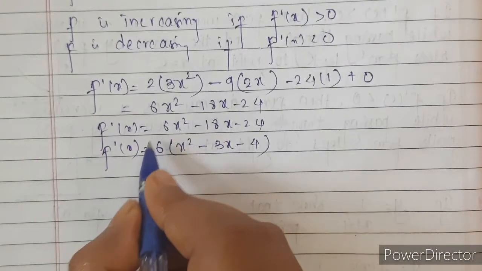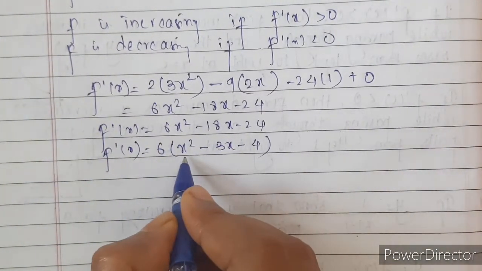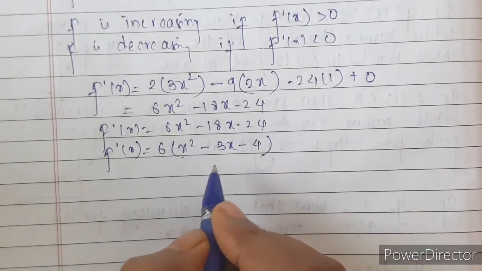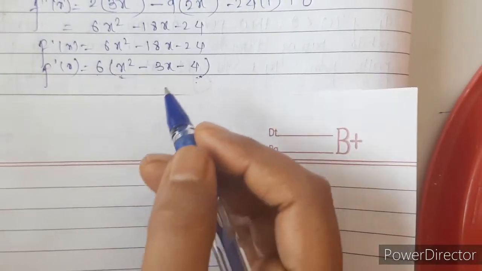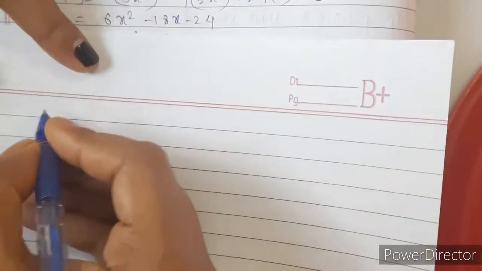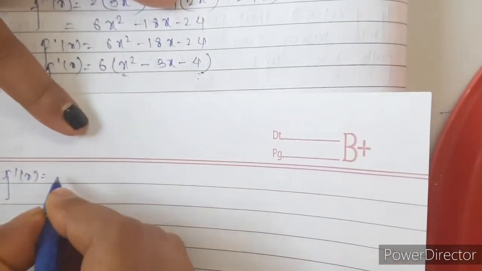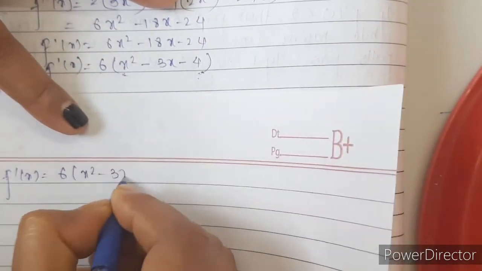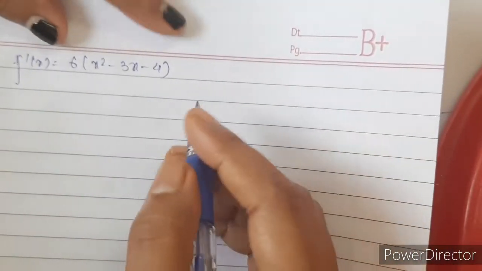Okay. Now this 6 is always positive, so it does not matter. So we just have to check this particular function. So here we got f dash of x, right? f dash of x is 6 times x square minus 3x minus 4. Okay. So let's find roots of this first.